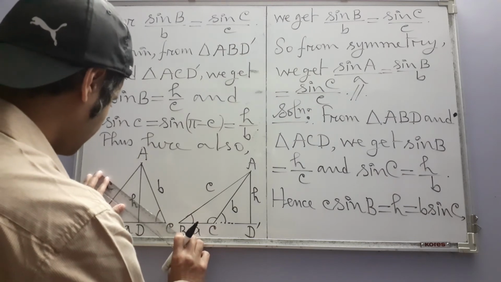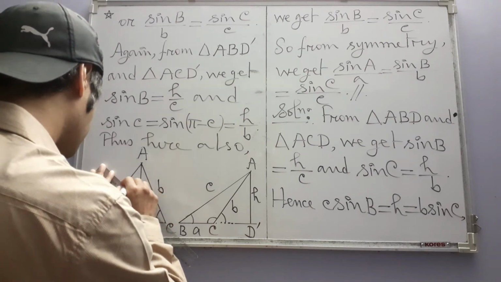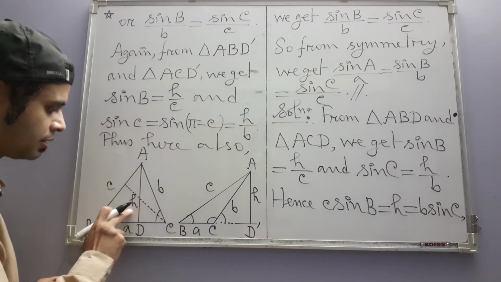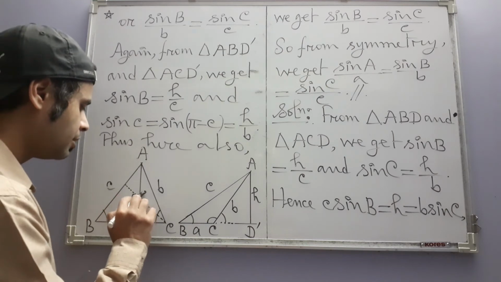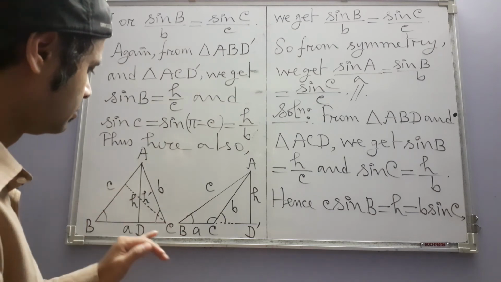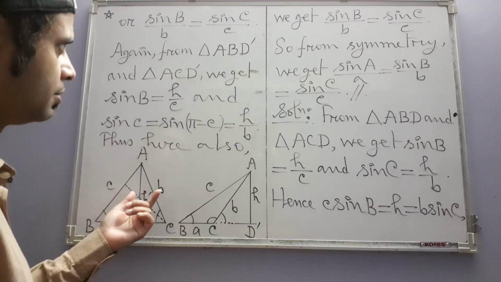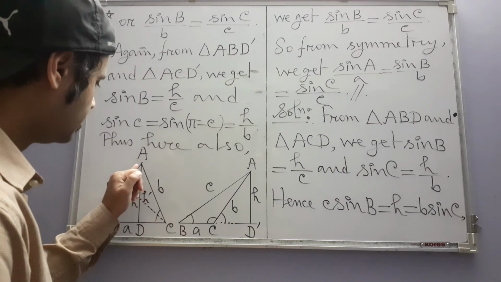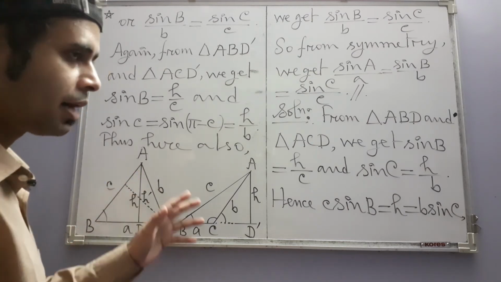Had we drawn a perpendicular from, say, C to this opposite side, the length of this new perpendicular may not be equal to h. In general it will be different from h, some h prime, say. Now if you repeat this argument with this perpendicular, you will end up proving that sine A divided by A is equal to sine B divided by B. How can I say that?